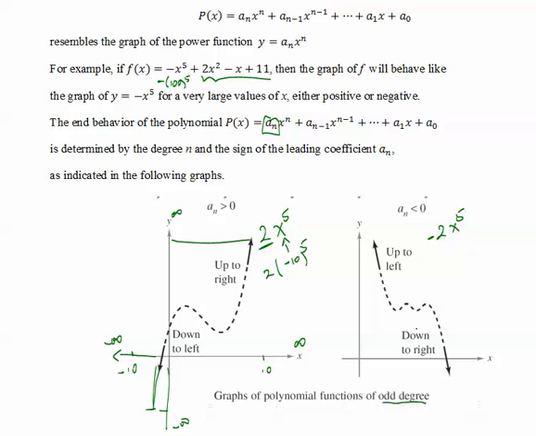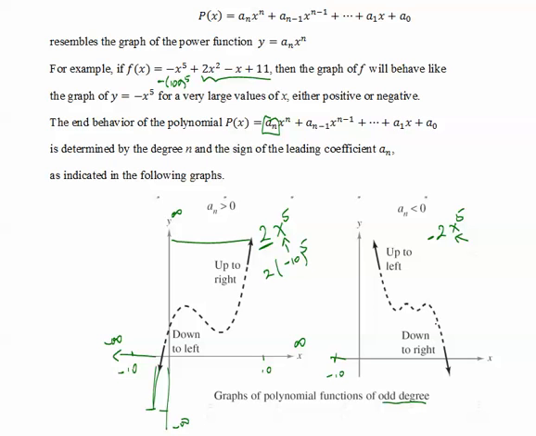So you don't need to memorize the shape, but just think about it as if x is 10 and if x is negative 10, you plug in the numbers and see how it's going to behave. When x is negative 10, is it going to be a positive number or a negative number? If it is a positive number, that means it's going toward positive infinity.